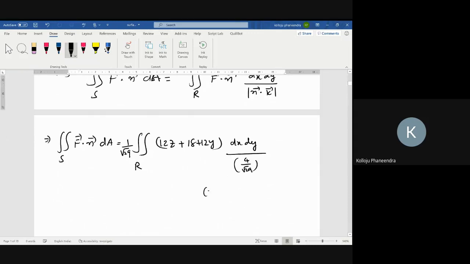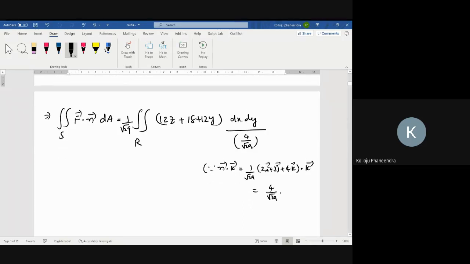Still any doubt? In bracket, n bar dot k bar: what is n bar? 1 by root 29 of (2i plus 3j plus 4k) dot k bar. k bar dot k bar is 1. Therefore, this is 4 by root 29.